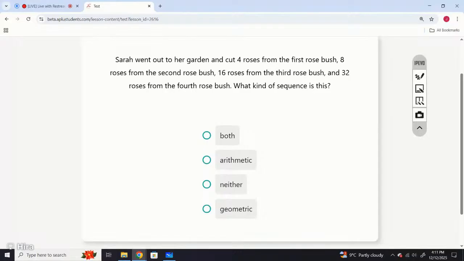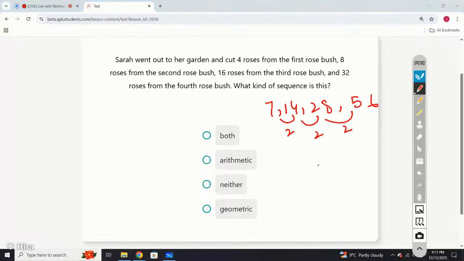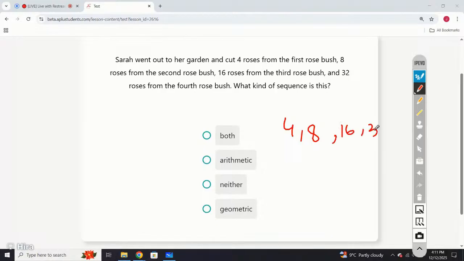Sarah went out to her garden and cut 4 roses from her first rose bush, 8 roses from the second rose bush, 16 roses from the third rose bush, and 32 roses from the fourth rose bush. What kind of sequence is this?